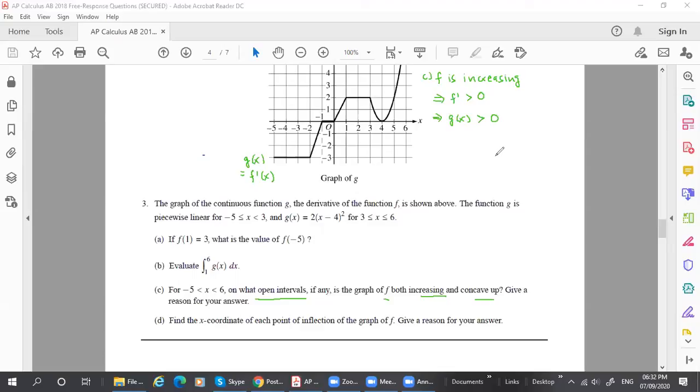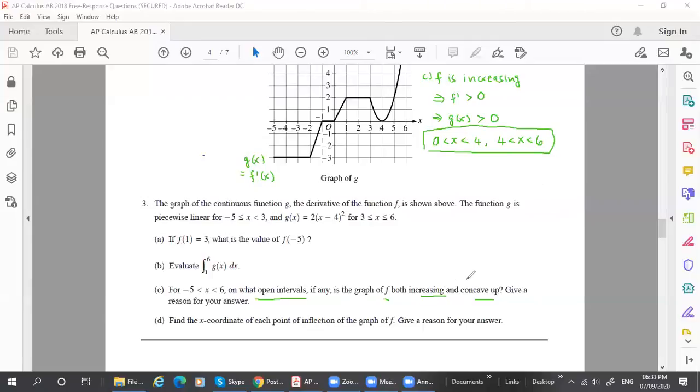So the intervals that we are looking at are from 0 to 4 and from 4 to 6. So this is the first information that we have.